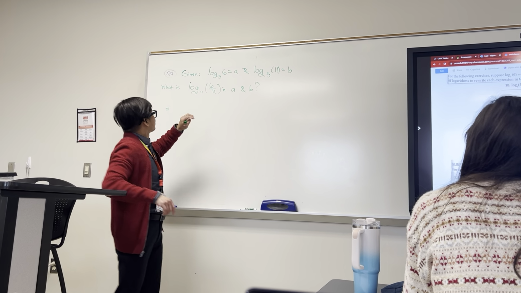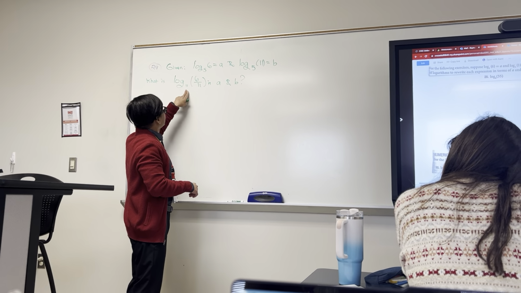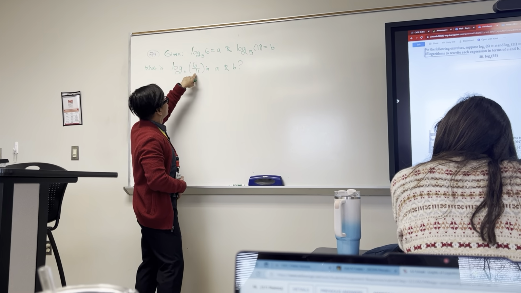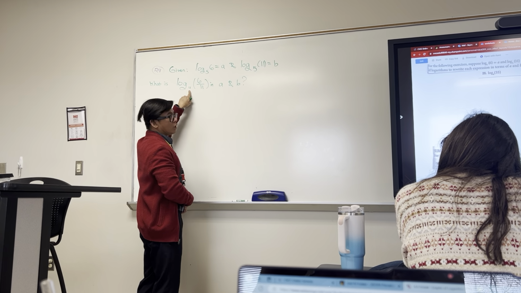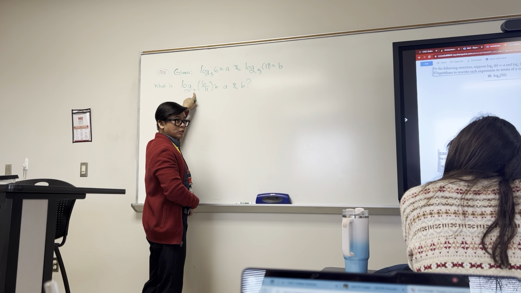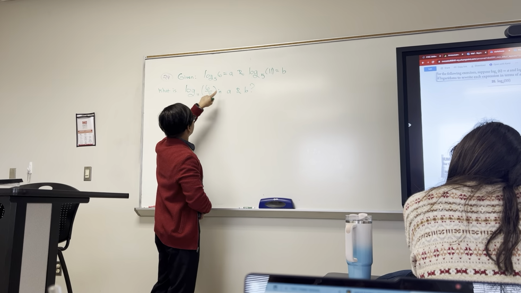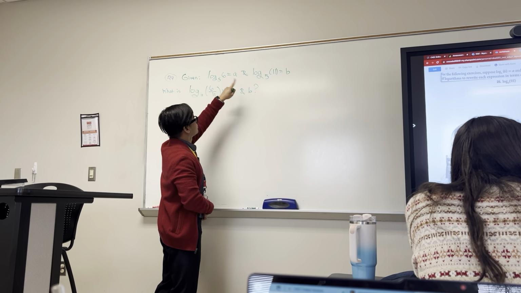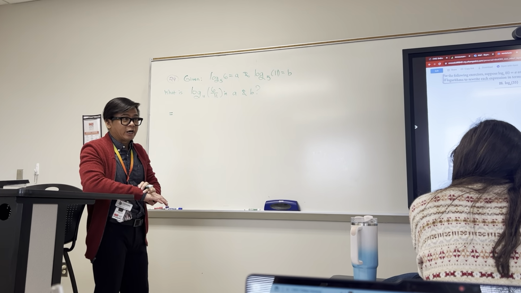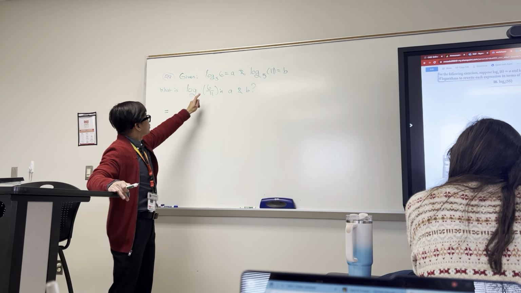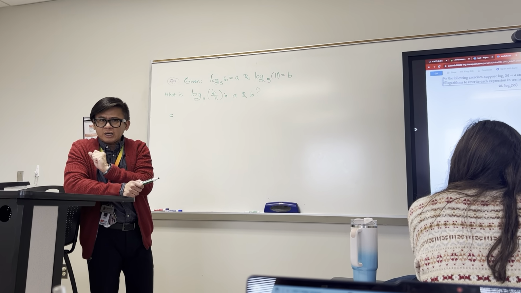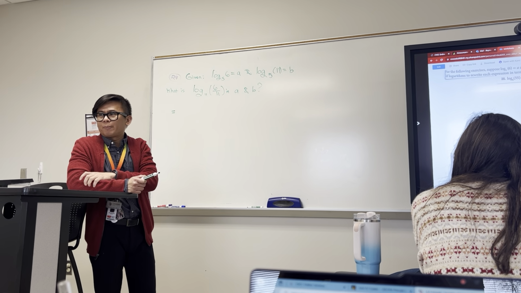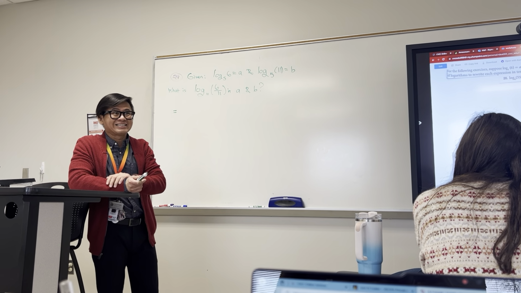We're trying to express this log base 11 of 6 over 11 in terms of what? A and B. So in short, we want to make it log base 5, first of all, and also try to express this expression in terms of 6 and 11. But before that, since we already see a quotient in there, what rule of property of logarithm should we use first?